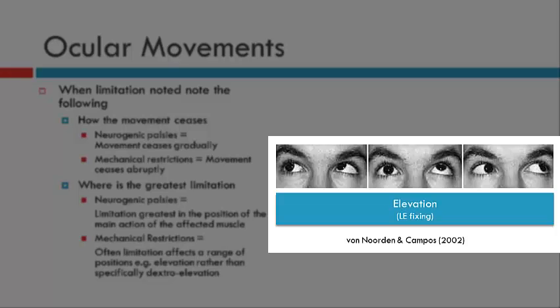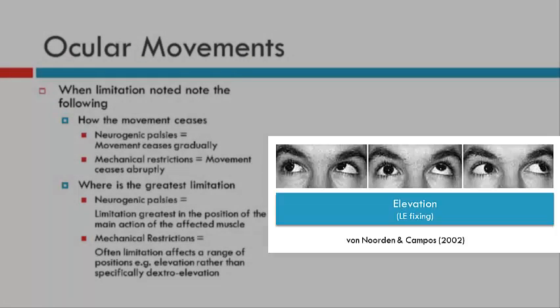So here we have an example of a patient who has a limitation across a range of positions. So direct elevation, dextro elevation, and levo elevation. This is an indication that there is likely to be a mechanical restriction here.